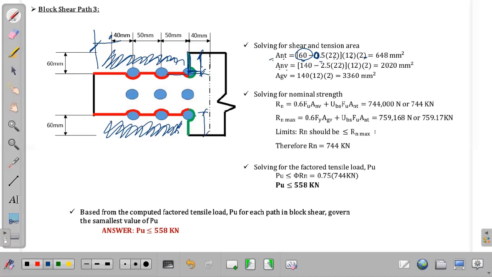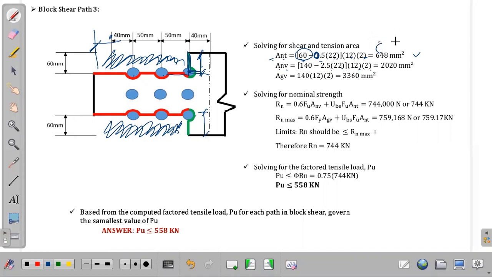For the A and B, we have 140 minus 2.5, dalawang butas plus half, that is 2.5 times 22 times 12 times 2. Kindly solve pala this if this is correct. Kasi pinalitan natin yung 1. This is equal to 1,176.